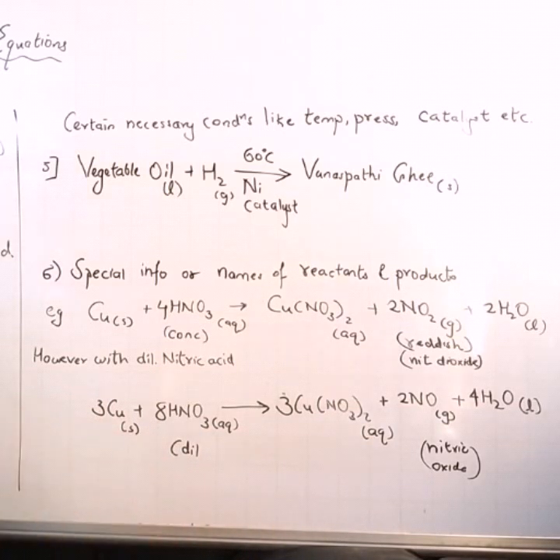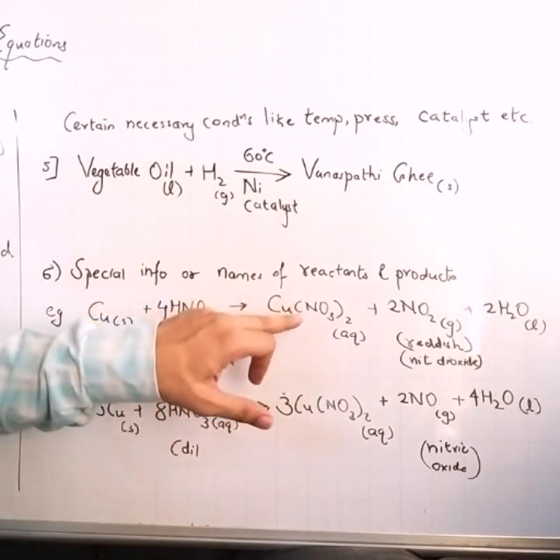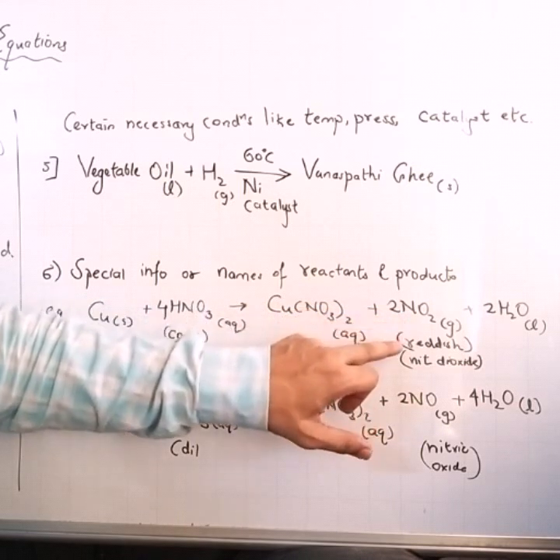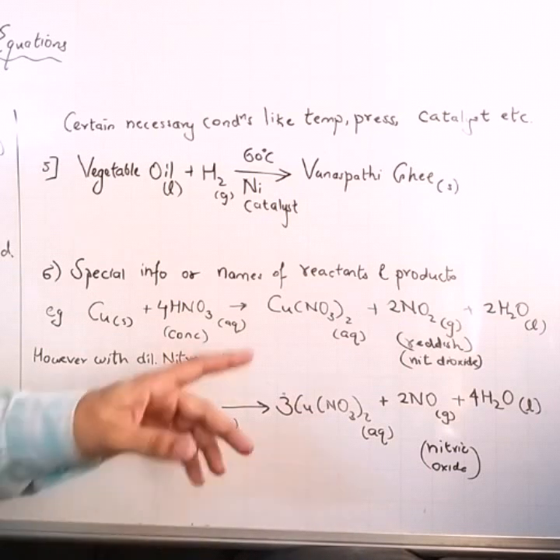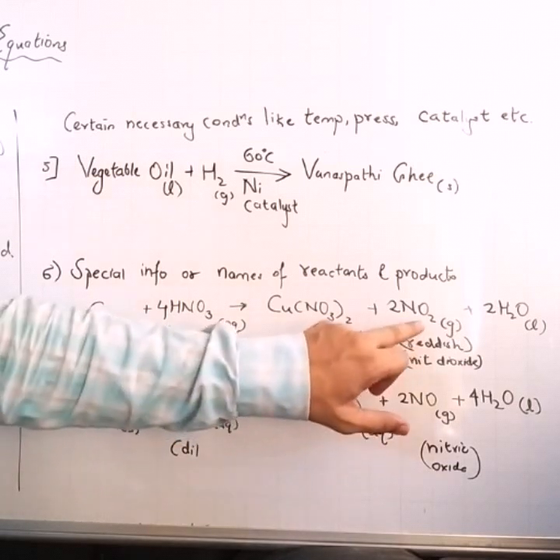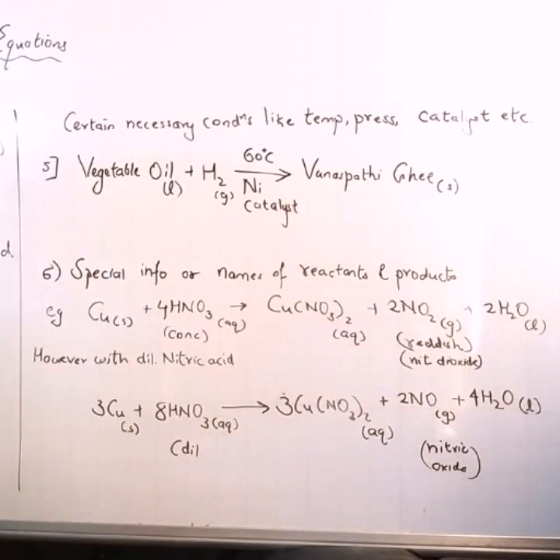Dilute nitric acid. In the first reaction, copper reacts with concentrated nitric acid, and what we get is copper nitrate, nitrogen dioxide gas, which is a reddish poisonous gas, and water. Okay, so I have mentioned here it is concentrated nitric acid, and this reddish colored gas, which is nitrogen dioxide gas, is obtained.